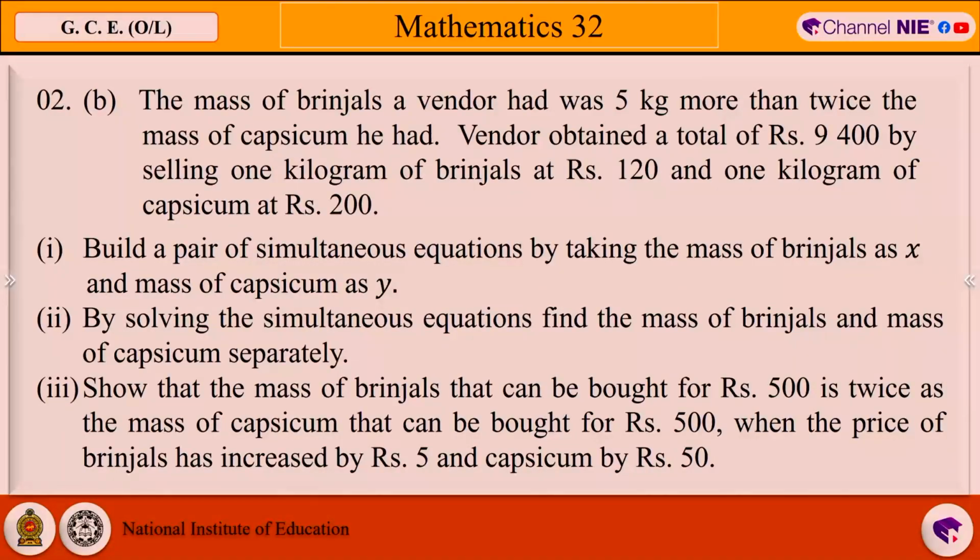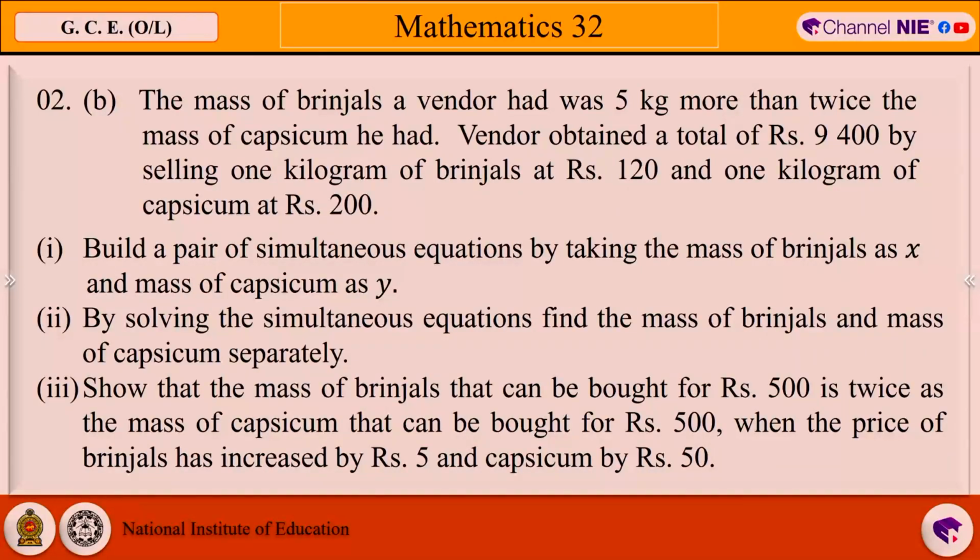First, you are asked to build up a pair of simultaneous equations by taking the mass of brinjals as x and mass of capsicum as y. Secondly, by solving the simultaneous equations, find the mass of brinjals and mass of capsicum separately.